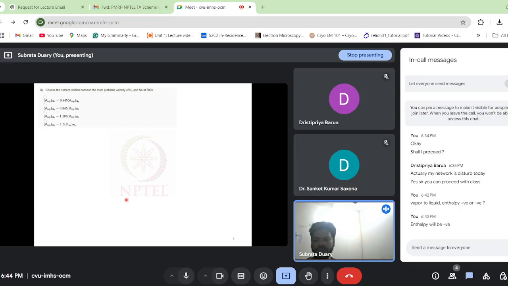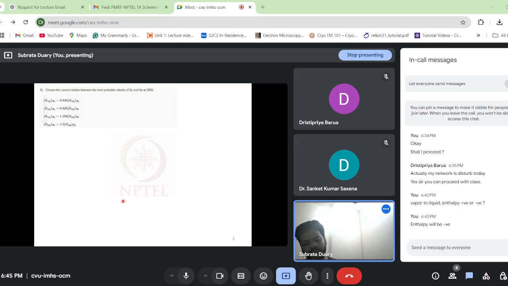There are three velocities available: root mean square velocity, most probable velocity, and average velocity. Out of these three, the most probable velocity is root over 2RT by m, and root over 3RT by m is your RMS velocity.